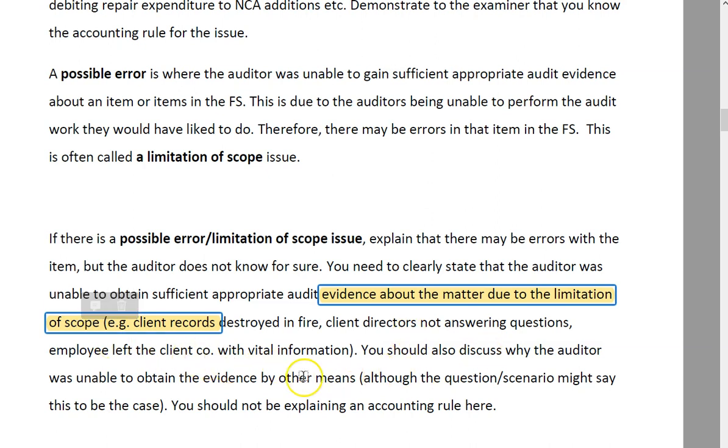And then you should also discuss, because you won't be able to discuss an error in accounting rule, that perhaps the auditor should obtain evidence by other means. And definitely, as I said here, you should not be explaining an accounting rule here. You only explain the accounting rule when there's an error.